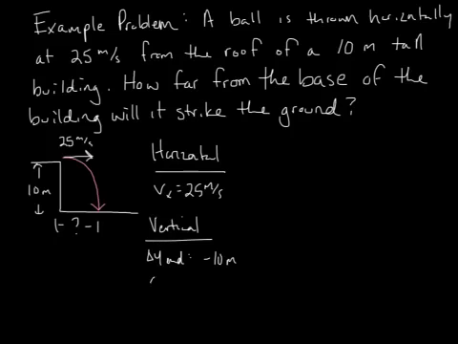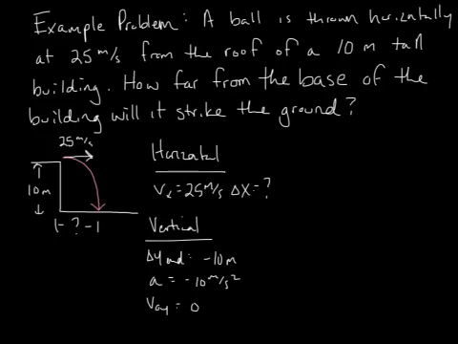We also know that a is approximately negative 10 meters per second squared. And we also know that V naught y is equal to 0 because we threw it horizontally. And then of course, what we're looking for at the end is delta x. We want to know how far that ball goes. What is delta x at the very end?